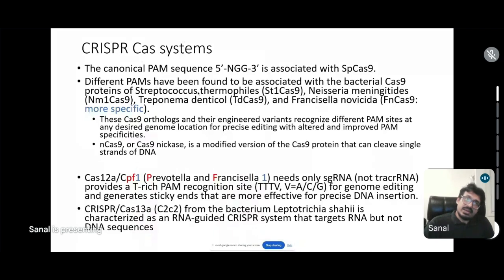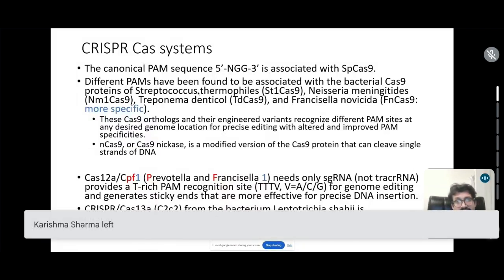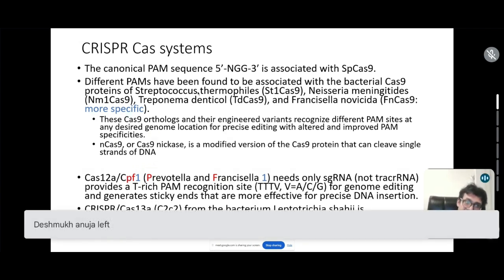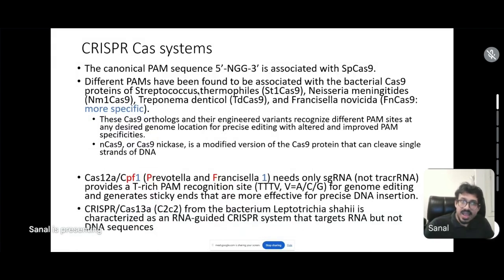So the canonical CRISPR-Cas system has a PAM sequence which is associated with, for example, SP-Cas9. And different PAMs have been found to be associated with the Cas9 of Streptococcus thermophilus, which is called ST1 Cas9. Neisseria meningitidis, it will be NM-Cas9.